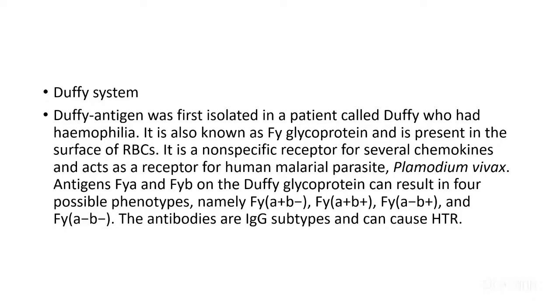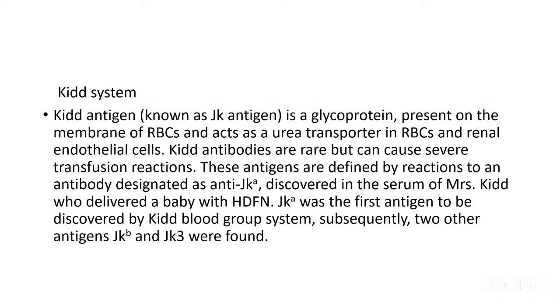Antigens FYA and FYB on the Duffy glycoprotein can result in 4 possible phenotypes, namely FY A plus B minus, FY A plus B plus, FY A minus B plus, and FY A minus B minus. The antibodies are IgG subtypes and can cause hemolytic transfusion reaction.